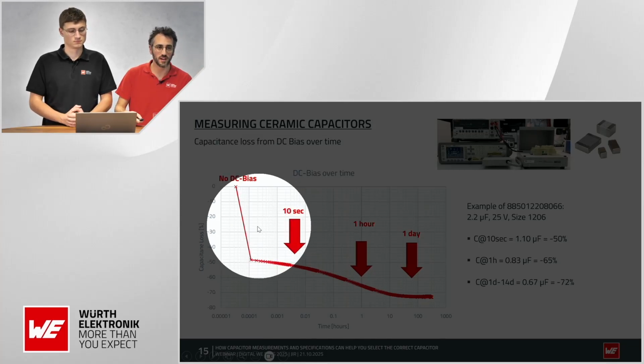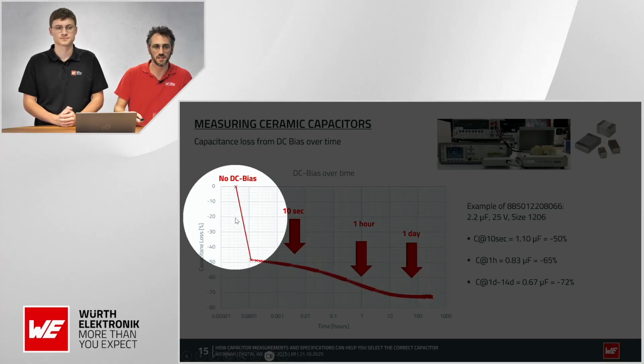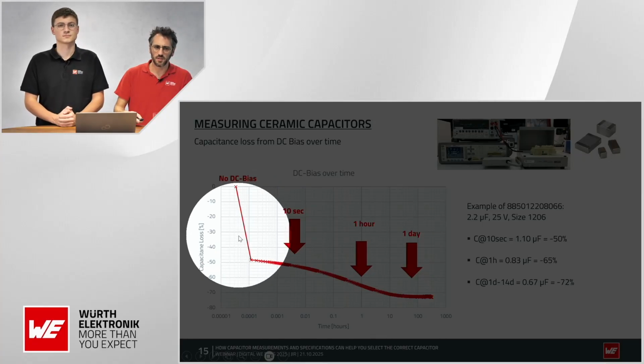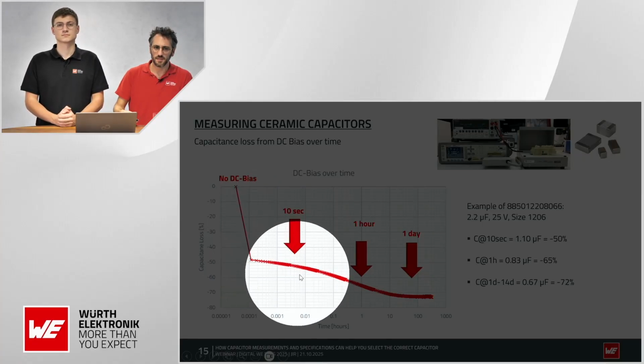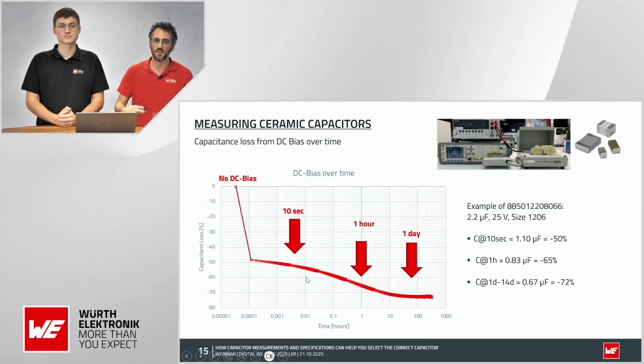So it will go back to maybe minus 20%, and then when I load it, it will go a bit under. But the question is also how long should I have it switched off? I don't know, because the depolarization will also take a long time.